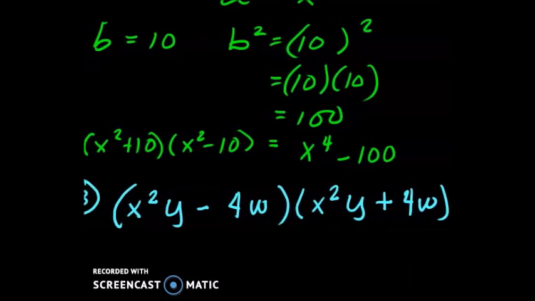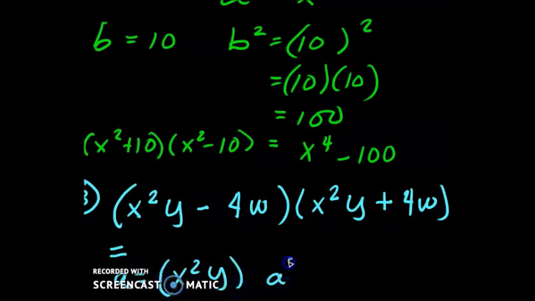So in this example, we've got the same terms, but the only difference is the sum or difference. In this case, the same process, we have to get the square of the first term. Our first term here is x squared y.